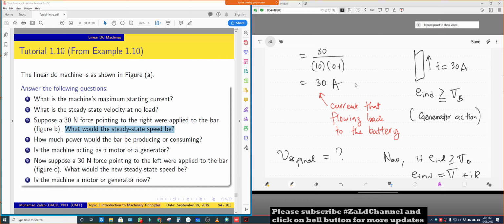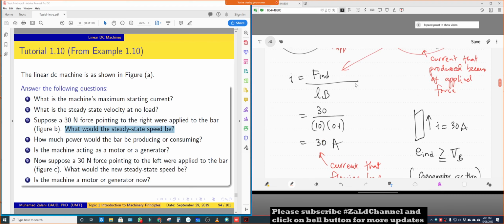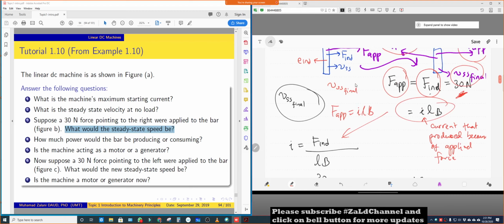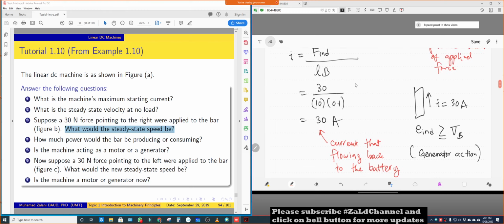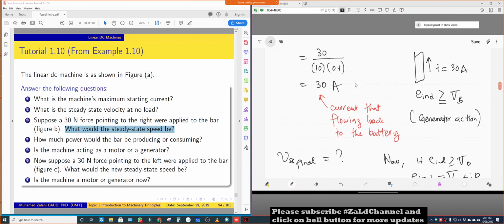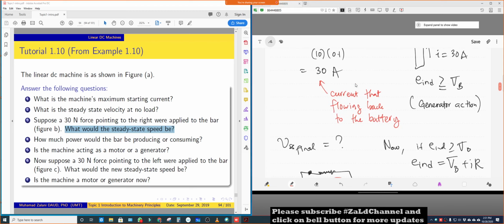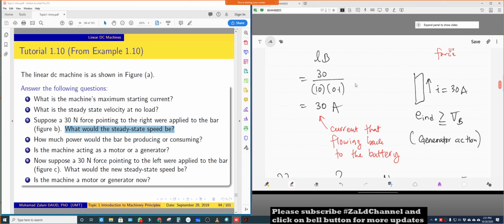Okay, so back to this question. Firstly, we can use that 30 Newton to find the current first. At this state, we are still not calculating the VSS final. So we get the current, which is similar to the magnitude of the force, 30 ampere.